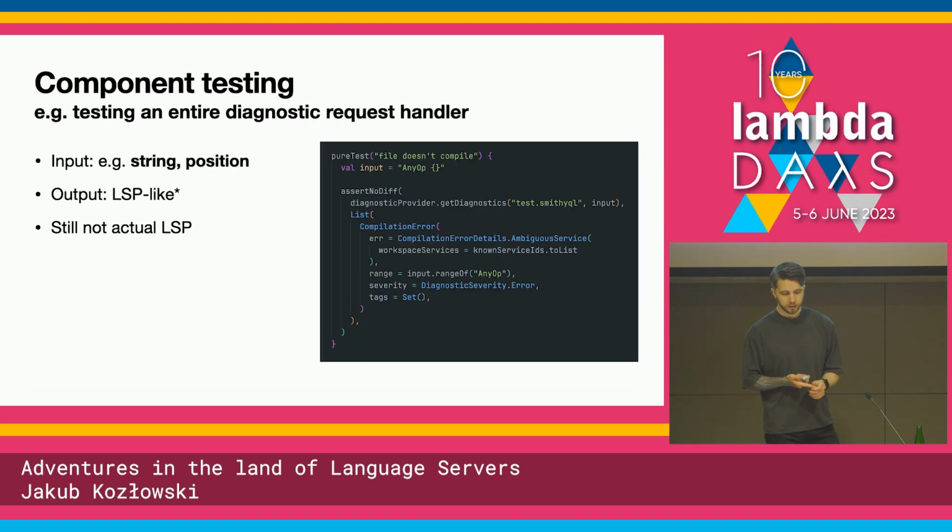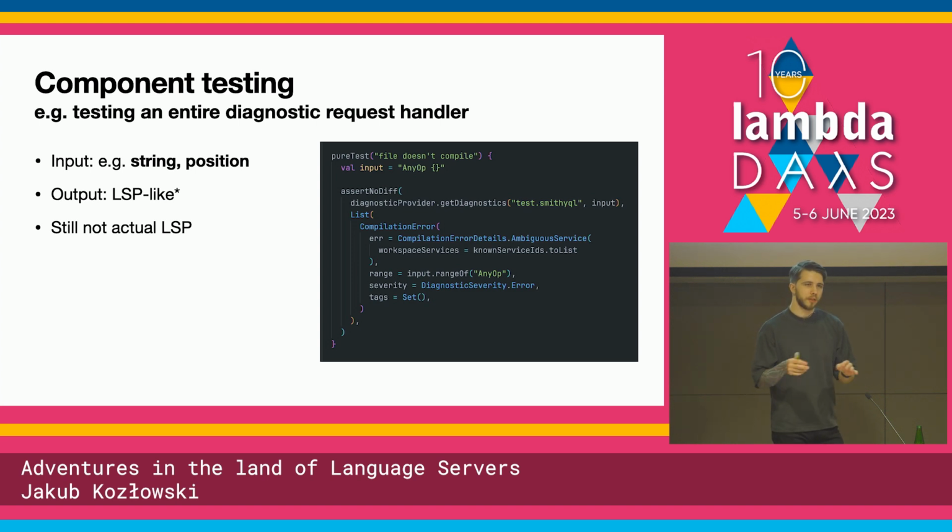Then we have component testing. So this can include something like you have this string input. So this would also include the step of parsing, maybe. This might not even be a string. It might be like a URI. And you don't have to involve LSP in this stage either.